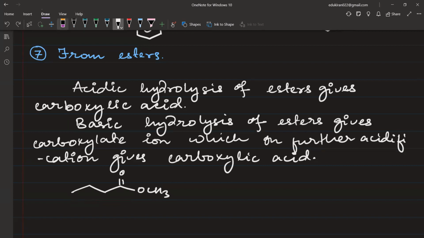We have done this when we were doing preparation of alcohols also. So please write in the presence of H3O plus, C double bond O, OH plus CH3OH.